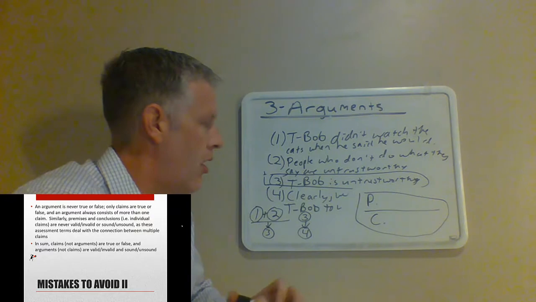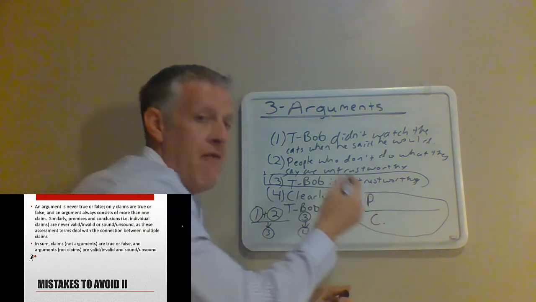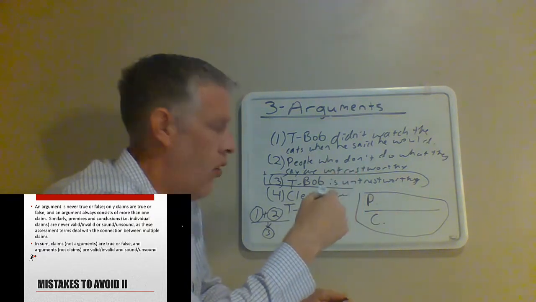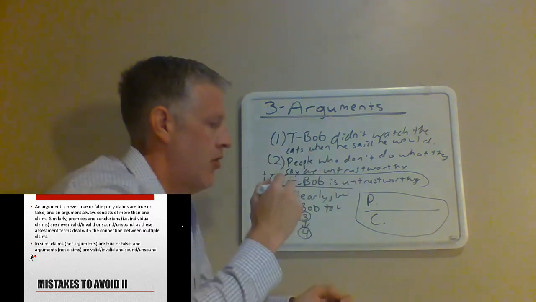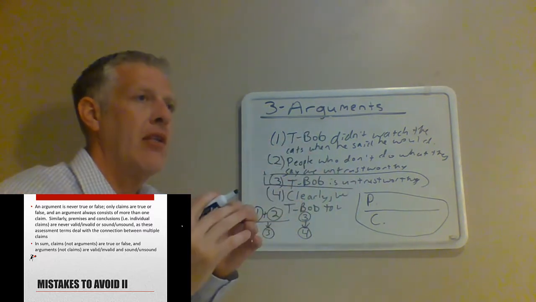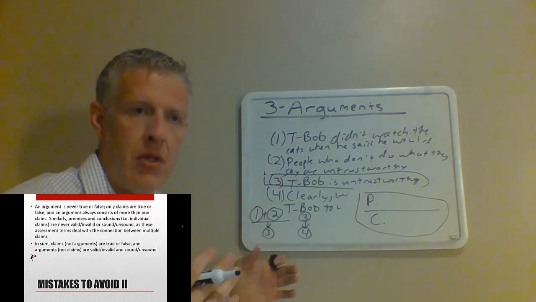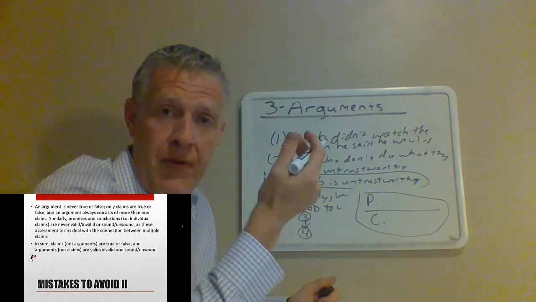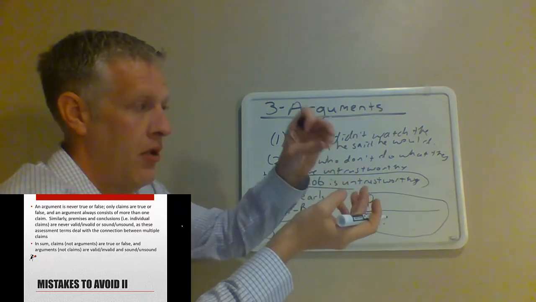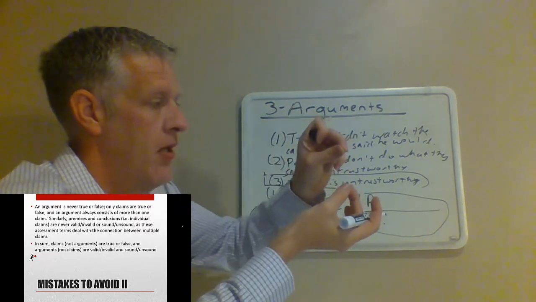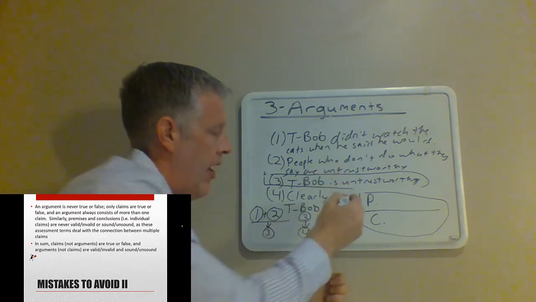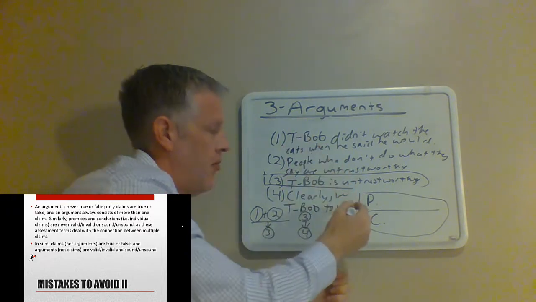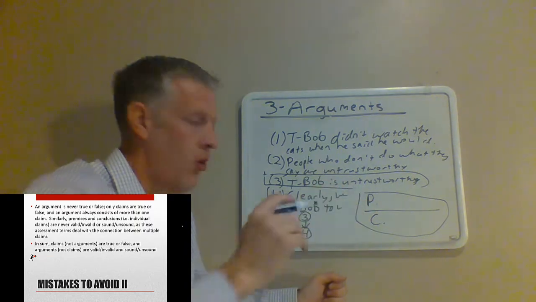And so too, you don't say that individual statements or claims are valid or sound or strong or cogent. Those assessment terms automatically reflect two or more claims. For example, validity is assessing the connection between one claim, the premise, and the second claim, the conclusion. So those assessment terms are always dealing with at least two or more claims.